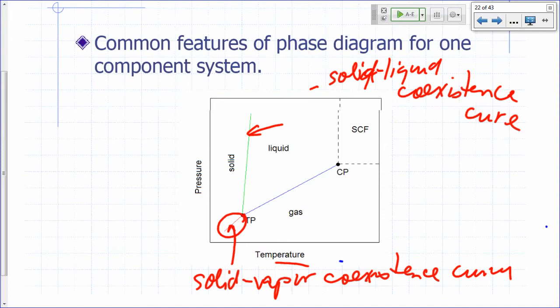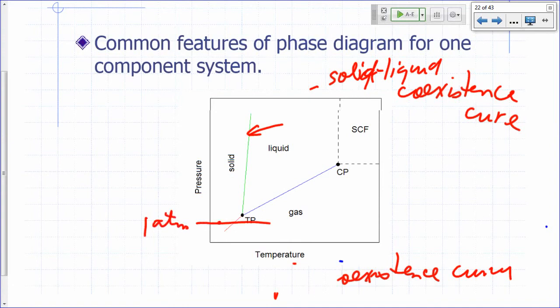In the case of carbon dioxide, 1 atmosphere is down here. So if we have solid carbon dioxide and I warm it up, increasing its temperature without changing the pressure, it will directly turn from a solid into a gas without melting. So that's what happens to dry ice.